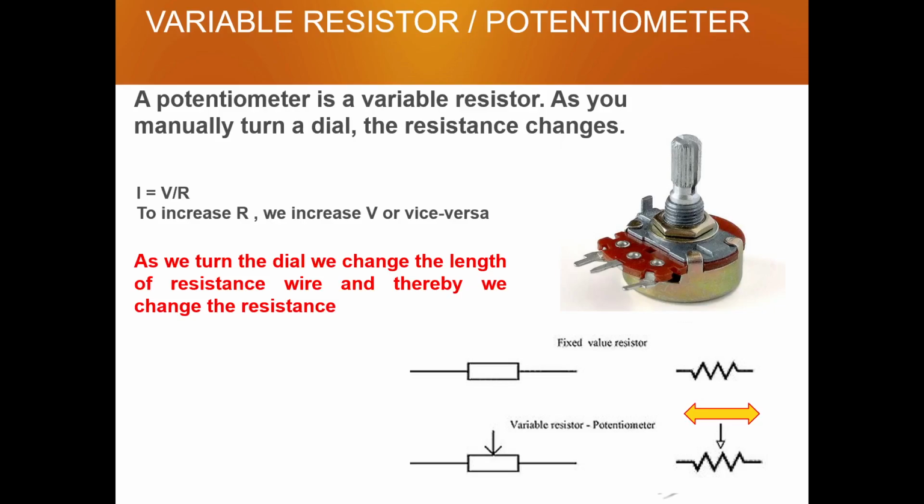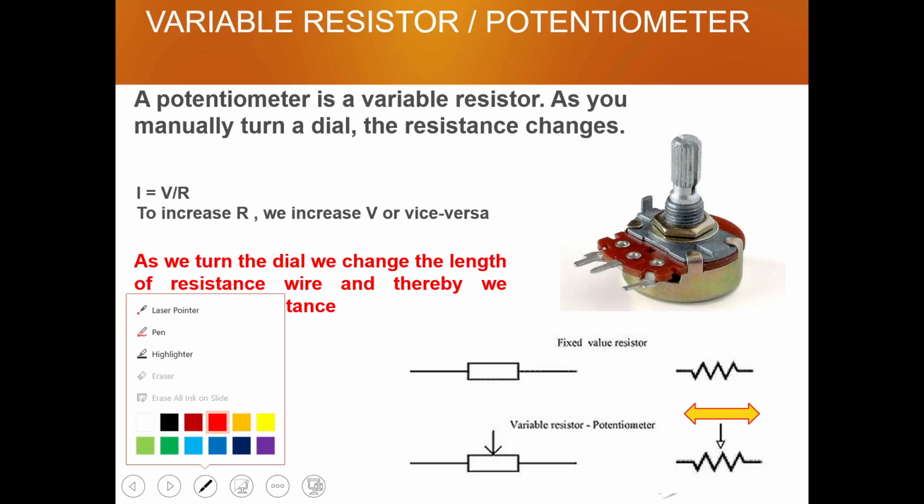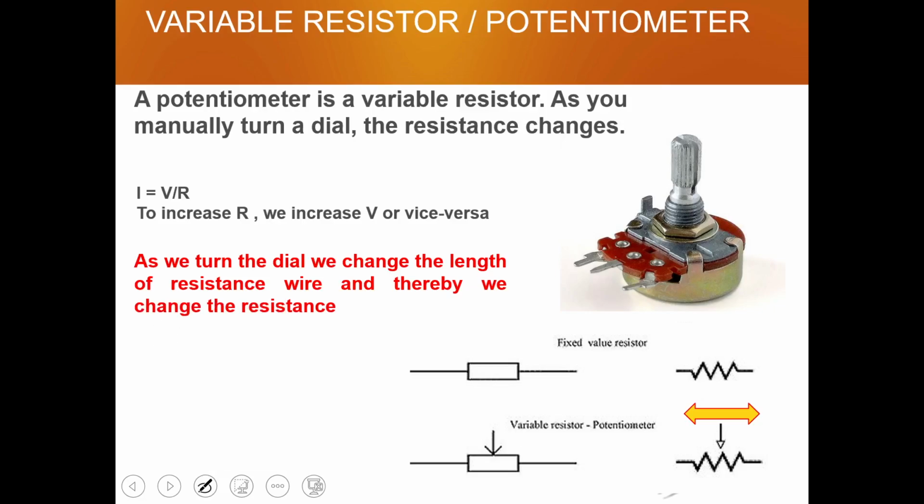And if you remember this formula, I equals V by R, where I is our current, V is voltage and R is our resistance.